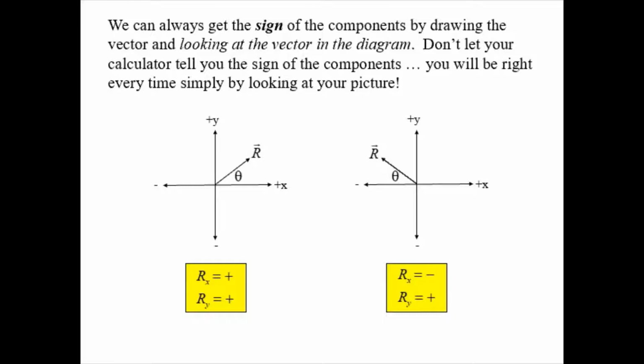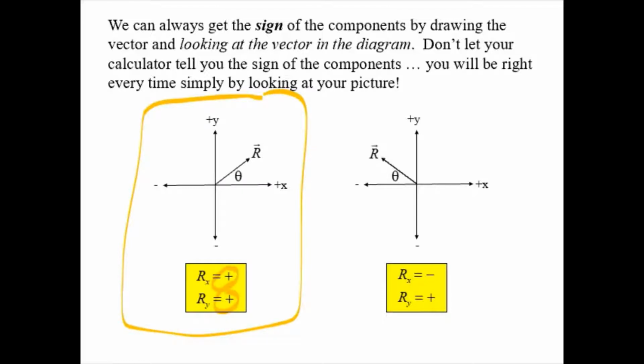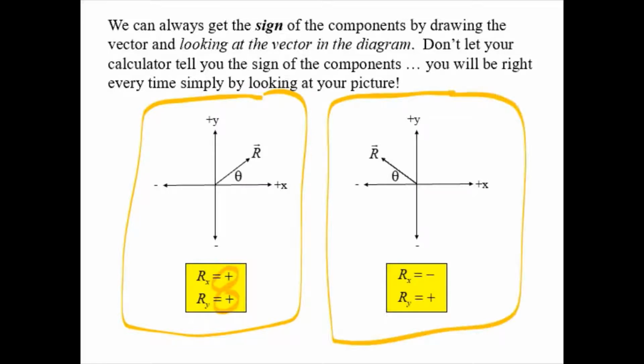For example, in the diagram on the left, vector r points in both a plus x and a plus y direction. Whereas in the diagram on the right, vector r, which points up and to the left, points in a positive y but a negative x direction. So we could always get the signs of our components right simply by looking at the picture.